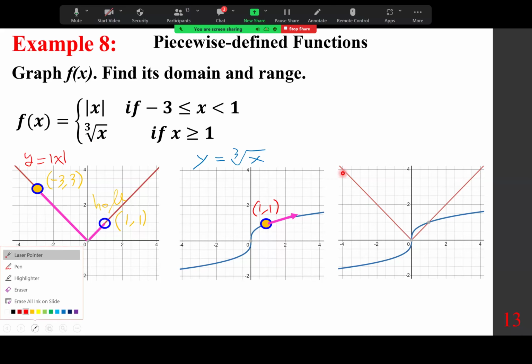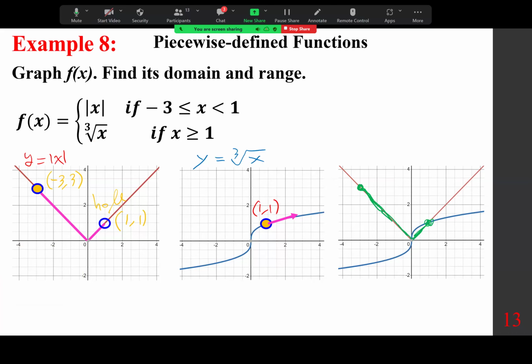Let me see what color I want to use. Let's use this color. So we locate negative 3, 3 here. And by the way, this one becomes a solid. So this portion is covered. Okay, this portion is covered.